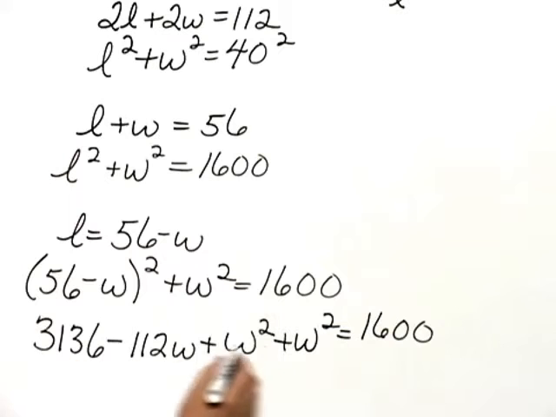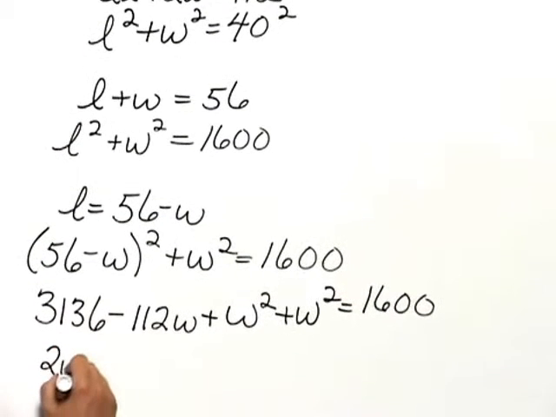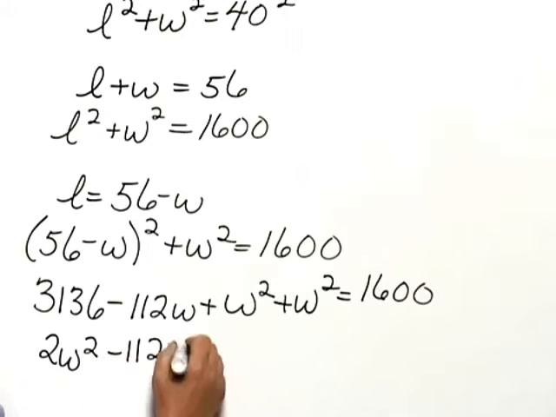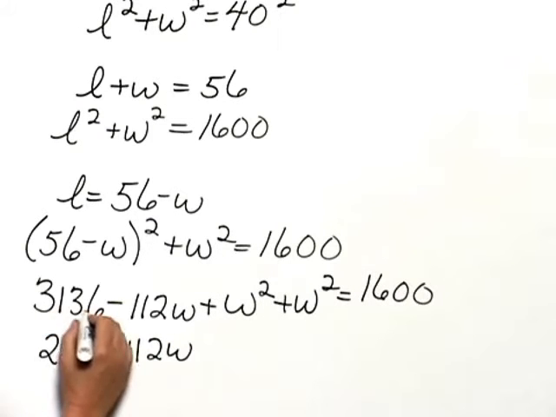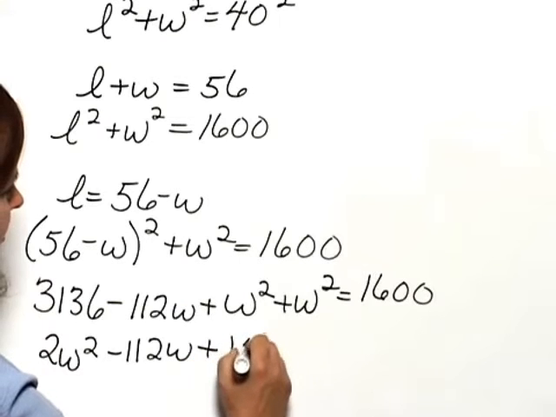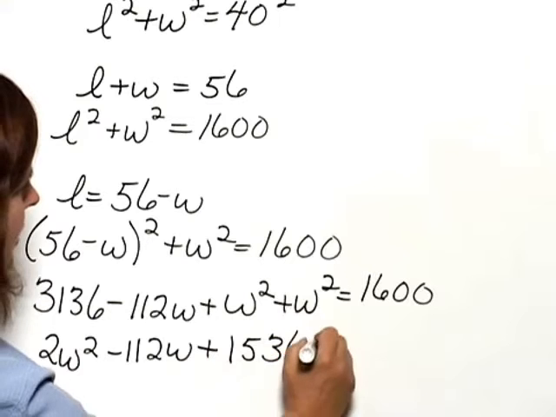And simplifying, we would have 2W squared minus 112W, and then 3,136 minus 1600 is plus 1,536, and that equals 0.